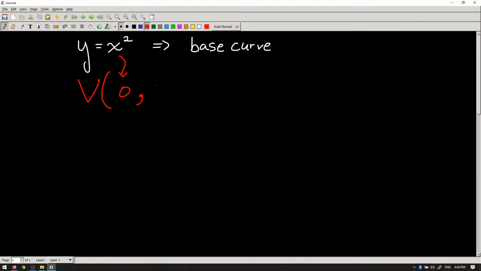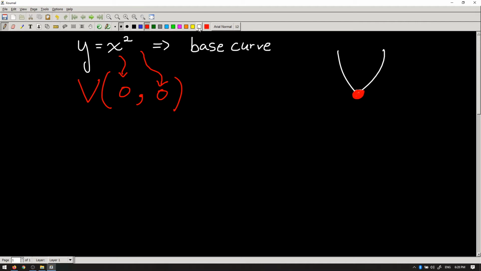Then to get the y-coordinate of the vertex, you need to ask yourself, what is the number to the right of the exponent 2? There is no number. Therefore, the vertex is (0, 0). So there's your vertex. The vertex on a parabola is that point right at the bottom. So that point is the vertex of your parabola.